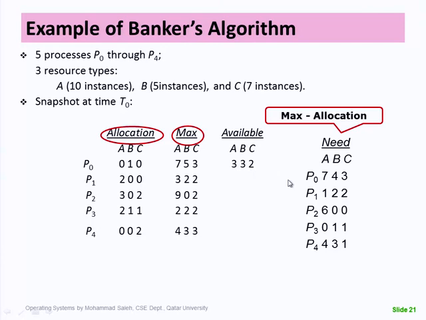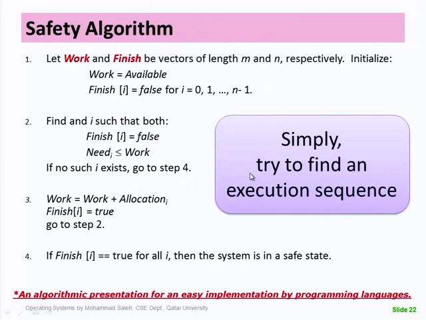After P1 finishes, I will have an additional 2 resources of A, so I will have 5, 3, 2, okay?